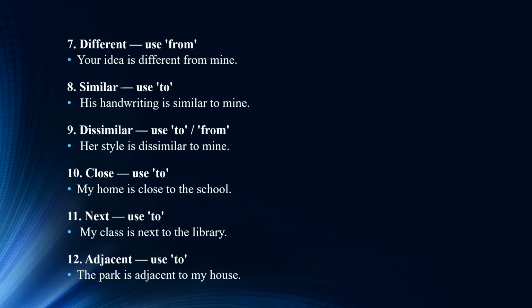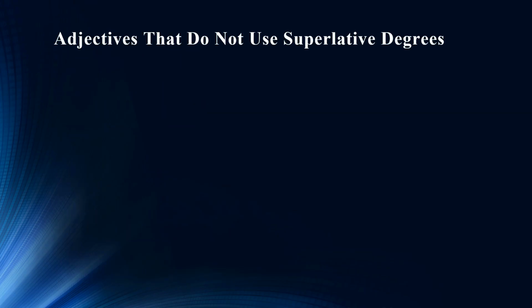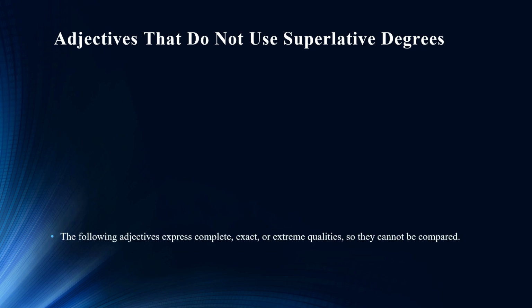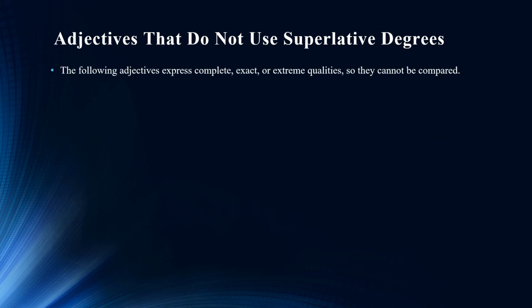There are also certain adjectives that do not use superlative degrees. The following adjectives express complete, exact, or extreme qualities, so they cannot be compared. Examples of incorrect forms include more perfect, most unique, most dead.